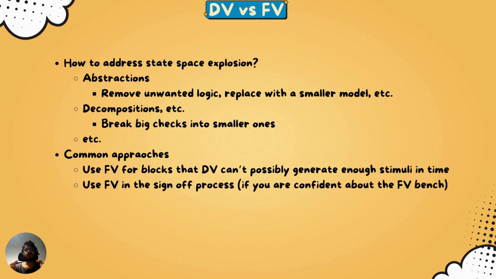Abstractions mean you simplify parts of the design which are not relevant for the check, or which are relevant but you still keep a smaller version of the design for simplicity. Decomposition is breaking big problems or checks into smaller ones, and other strategies like using formal only where simulation is proven to be not sufficient.